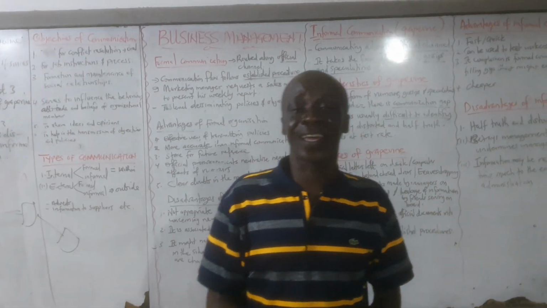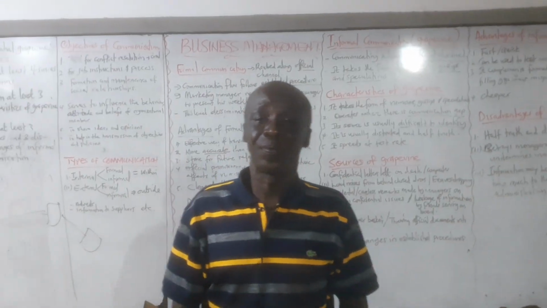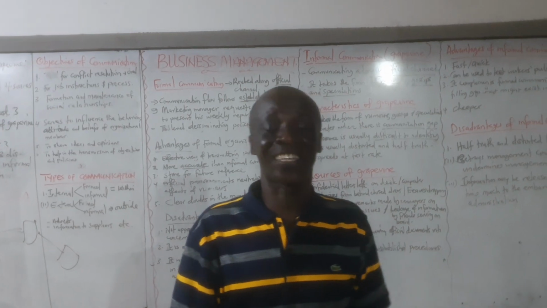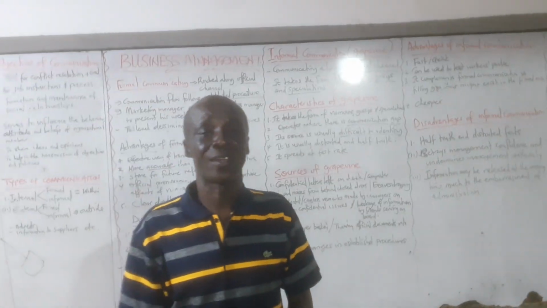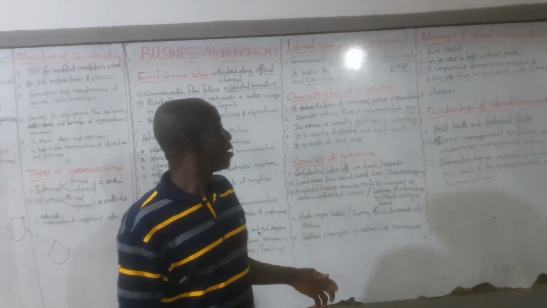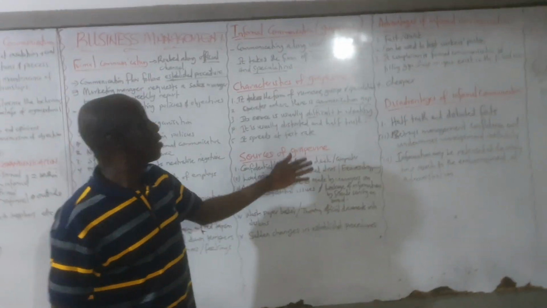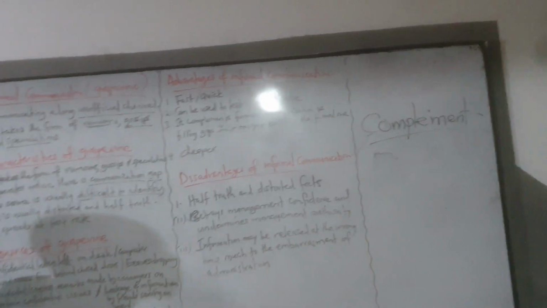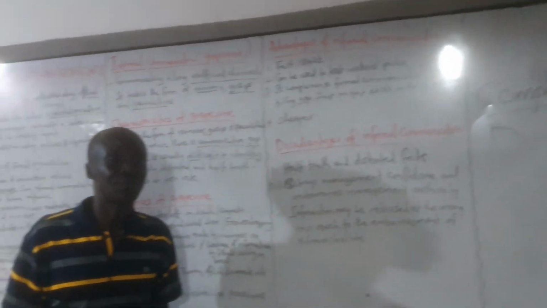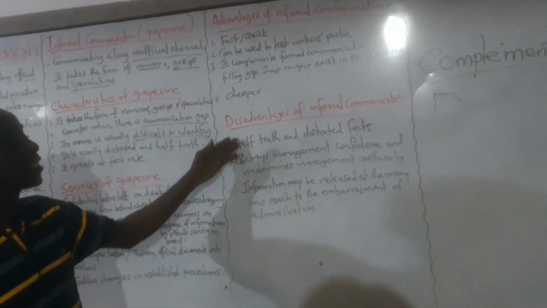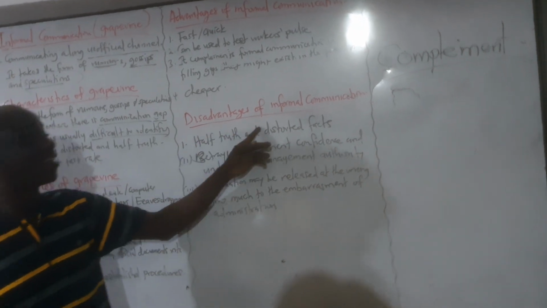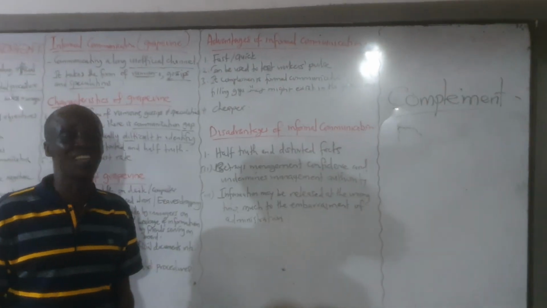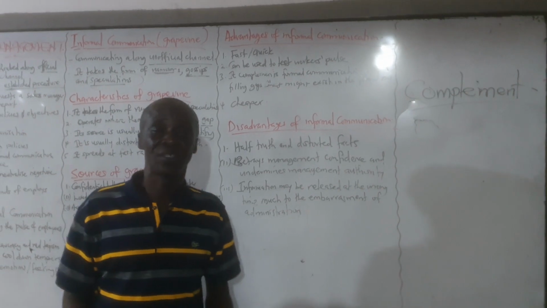No, we have talked about the characteristics, so the sources of grapevine. State and explain any 3 advantages of informal communication. And finally, state and explain any 3 disadvantages of informal communication.